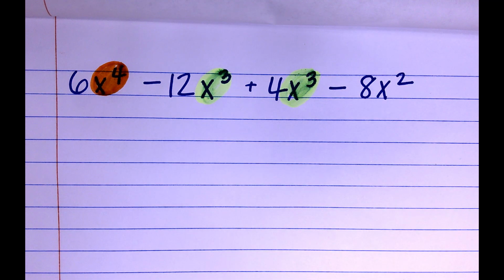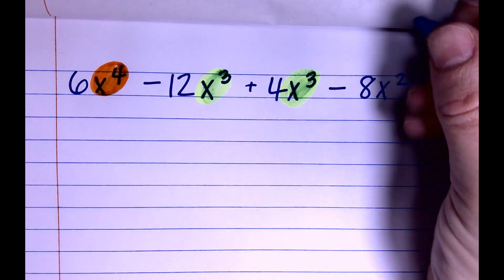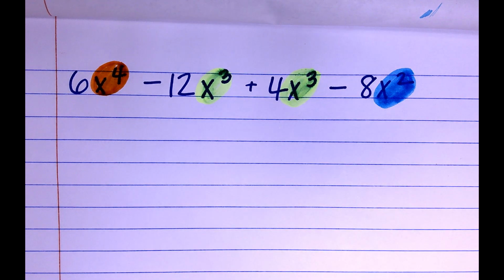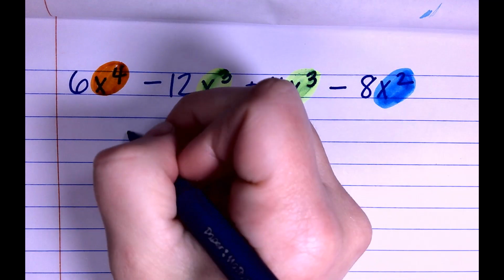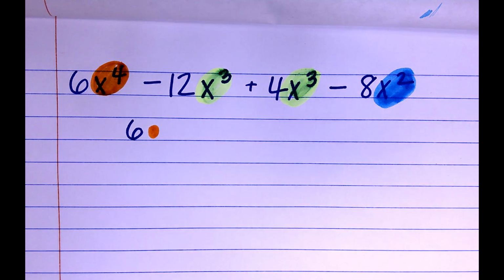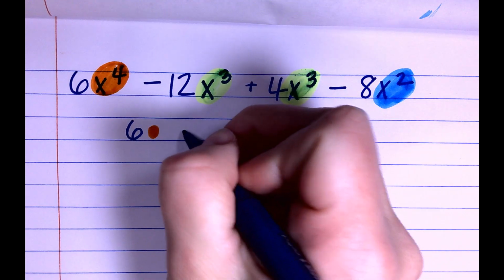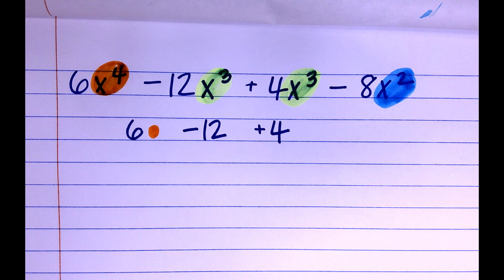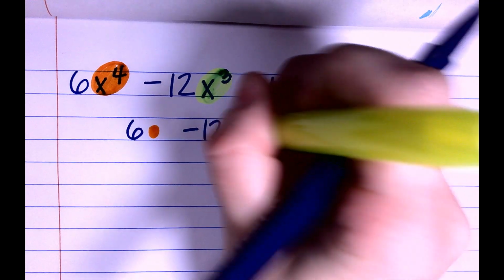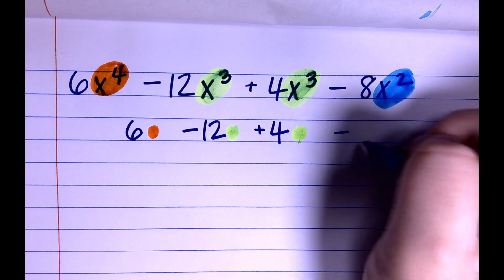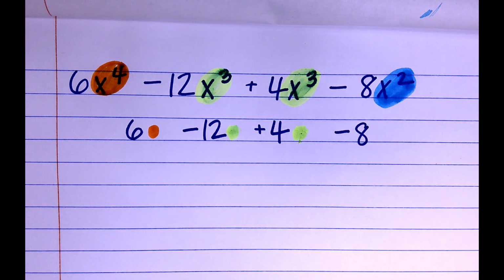And x to the second power, I'll do blue. So what I'm really saying here is I have 6 oranges, and then I have negative 12 yellows and 4 yellows. And then I have minus 8 blues.